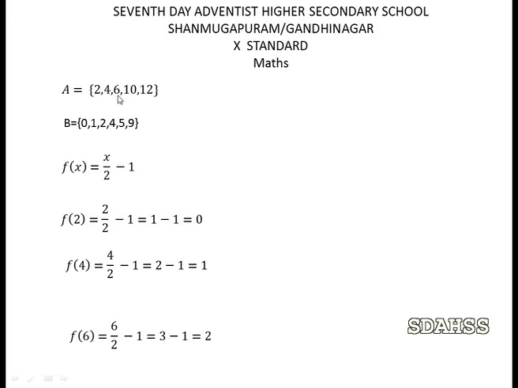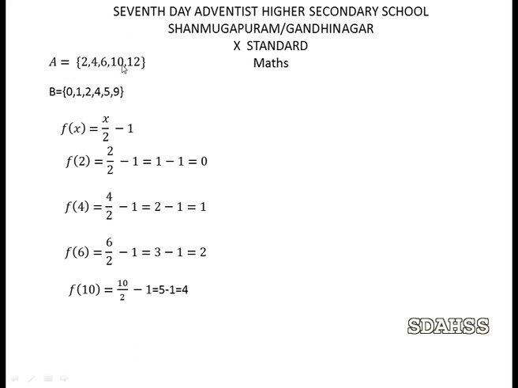Substitute the third value. The third value is 6. Now substitute x = 6 in the function. So f(6) = 6/2 − 1 = 3 − 1, which is equal to 2. Now substitute x = 10 in the function.